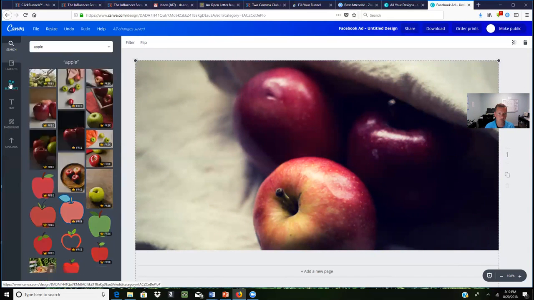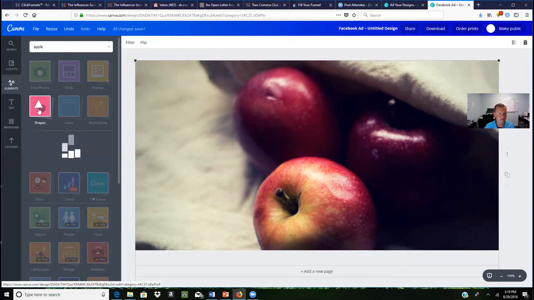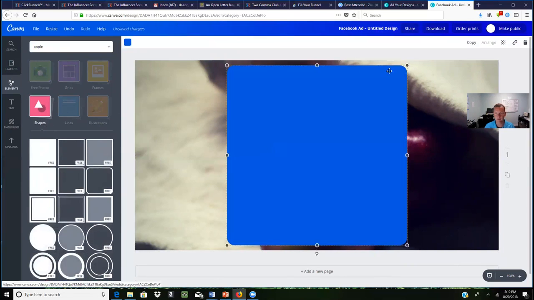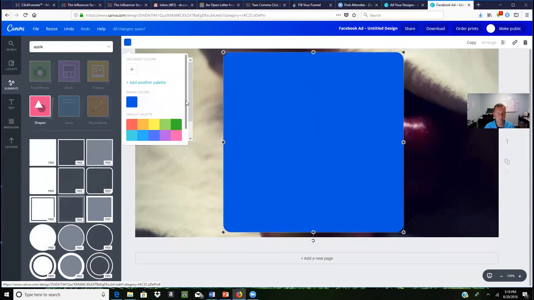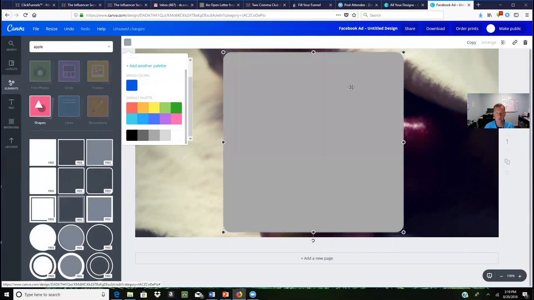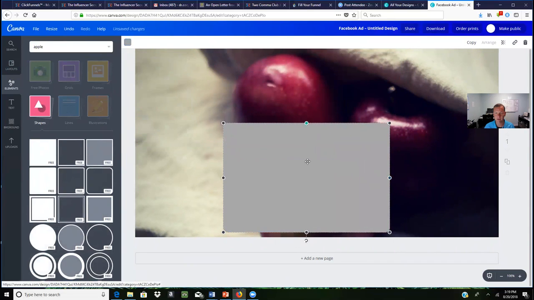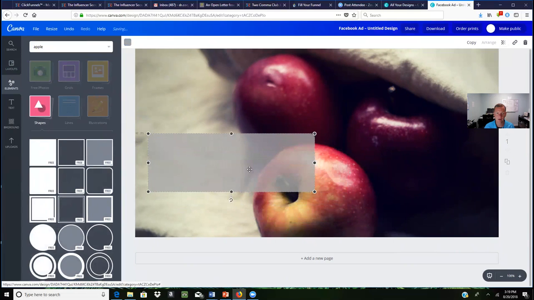So maybe you put in an element, just to show you how easy this stuff is. Maybe you did something like this. And let's make this a different color. I'm just making a box, and then I want it to be a little transparent like that.